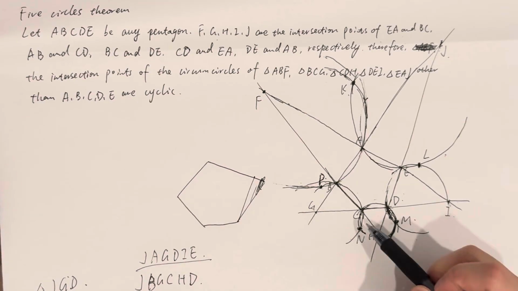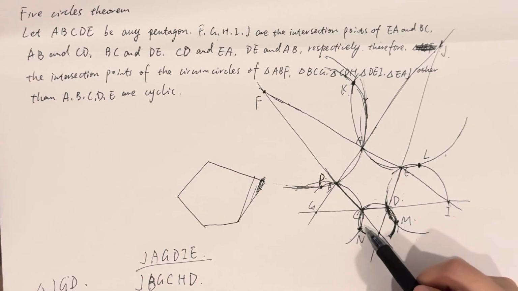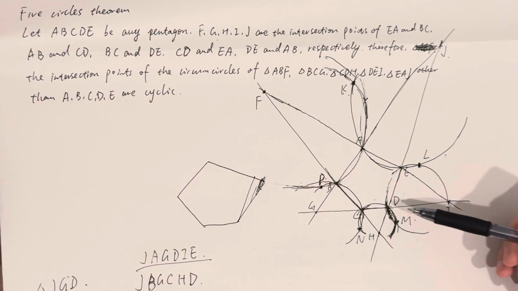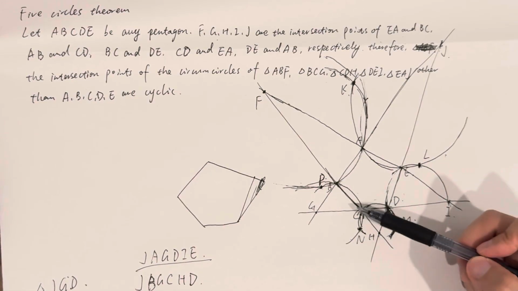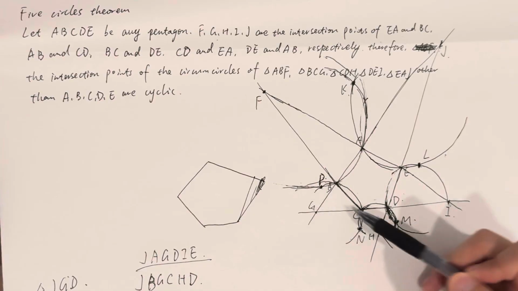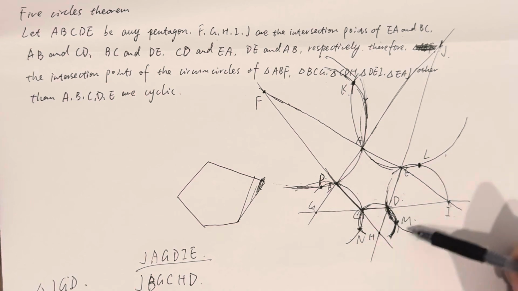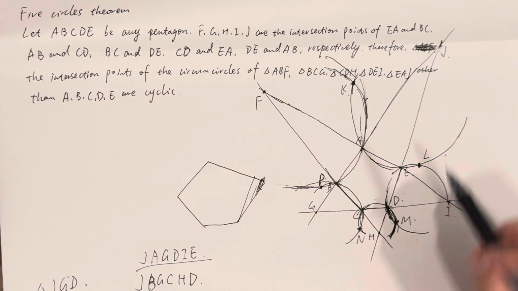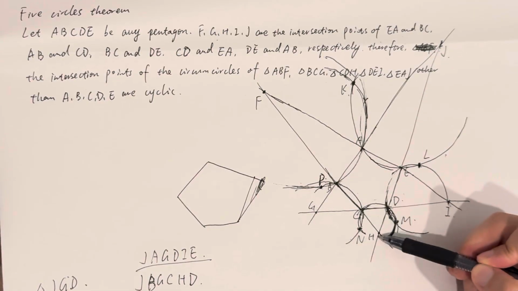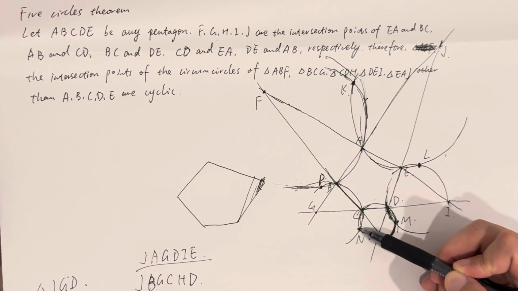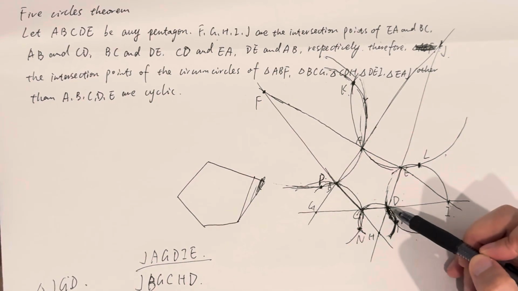Right? Similarly, the point N. We already know that point N is the intersection point of the circumcircle of CHD and the circumcircle of the triangle CBG, right? That's the intersection point of these two circles. And for the complete quadrilateral JBGCHD, we know that this point is also on the circumcircle of triangle JGD, right?